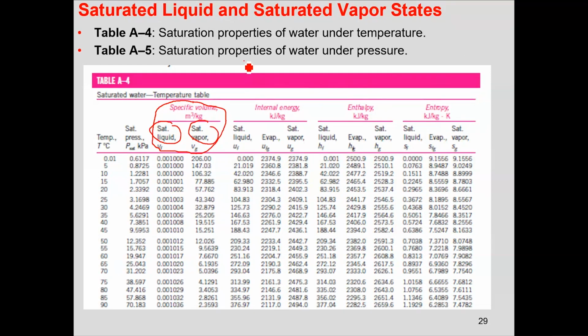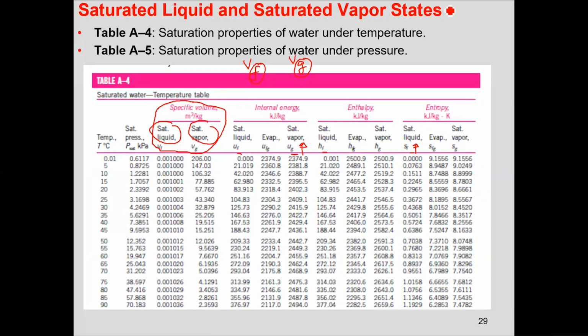Now remember, saturated liquid is recognized by the subscript f and saturated vapor is represented by the subscript g. So anywhere you see the subscript f, you are referring to saturated liquid, and anywhere you see the subscript g, you are referring to saturated vapor.